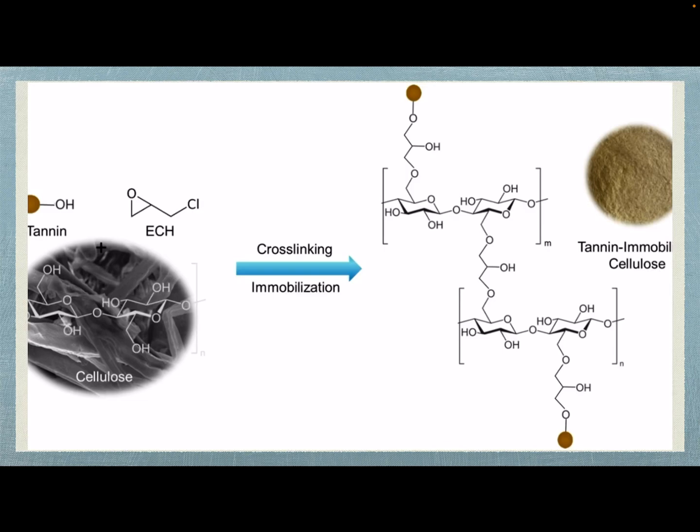Tannins are a group of naturally occurring polyphenolic compounds that can bind to collagen fibers at the molecular level through hydrogen bonding and hydrophobic interactions. Collagen is a protein that provides structural support to many tissues in the body, and tannins can form cross-links with the collagen molecules, leading to increased stability and strength of the tissue.